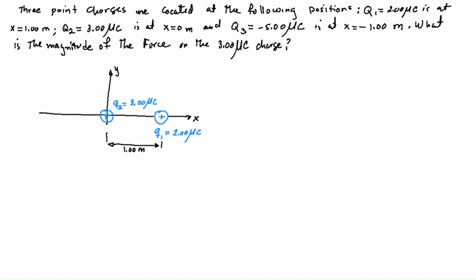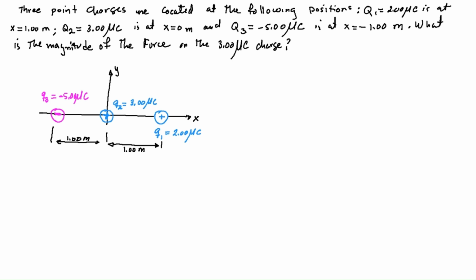And then we have another charge, q sub 3, that I will represent with another color because it's a negative charge. Q sub 3 is minus 5.00 microcoulombs, and it's again at 1 meter, but in this case to the left of the origin, so to the left of q sub 2.